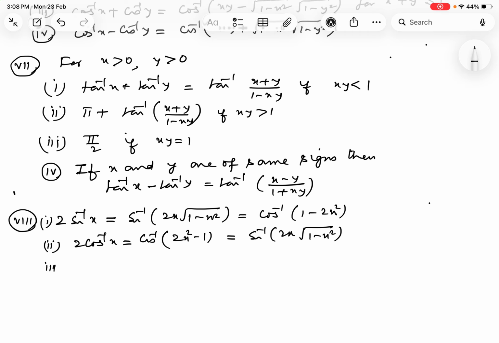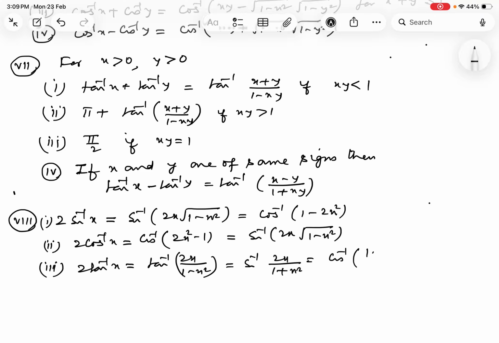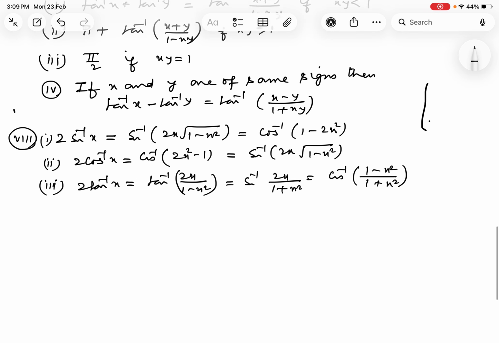And in this third result is 2 tan inverse x is always equal to tan inverse of 2x by 1 minus x square, which is equal to sine inverse of 2x by 1 plus x square, which is equal to cos inverse of 1 minus x square by 1 plus x square. Okay, this is your 8th result.